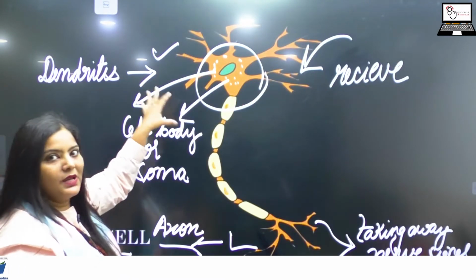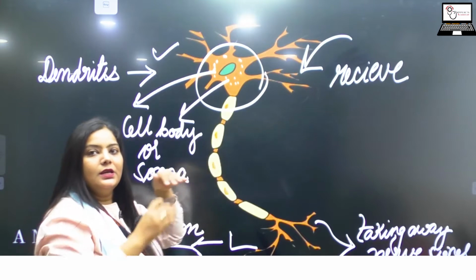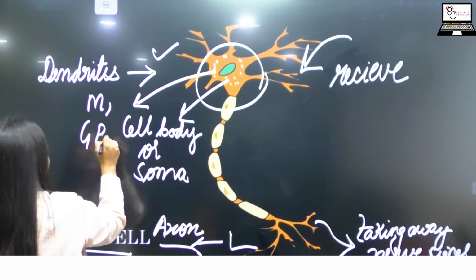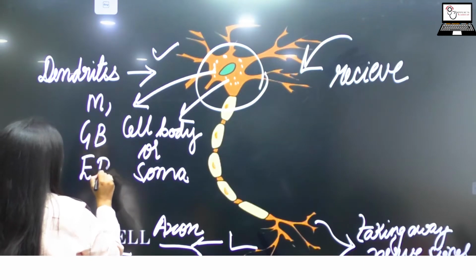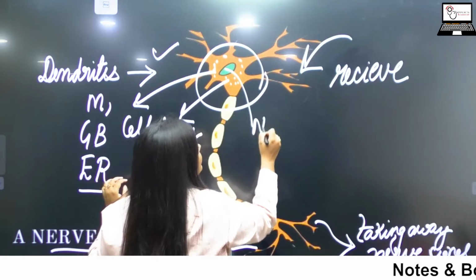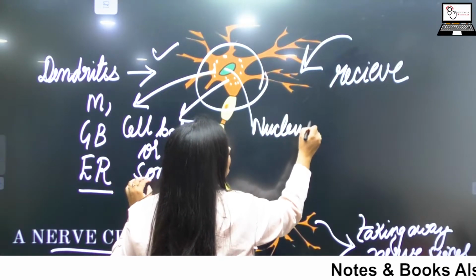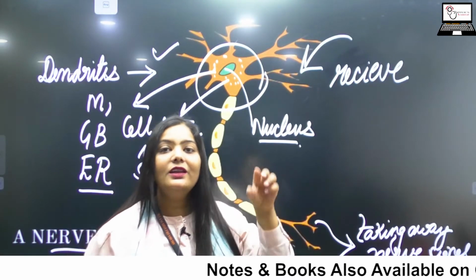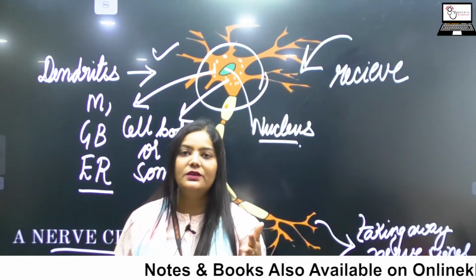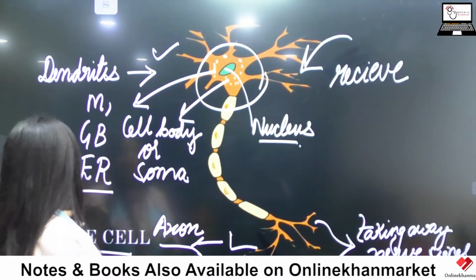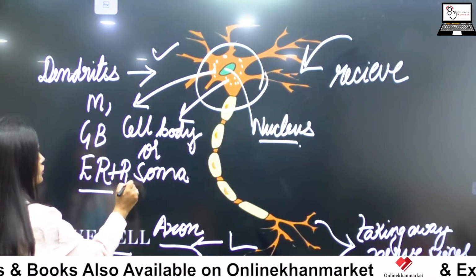This granular cytoplasm, like your normal cell, also has mitochondria, Golgi bodies, endoplasmic reticulum. Because here you can see that the nucleus is here, and as you have seen in the normal cell, the nucleus is surrounded by endoplasmic reticulum and ribosomes for the processing of energy. So similarly here also we have this endoplasmic reticulum plus ribosomes.